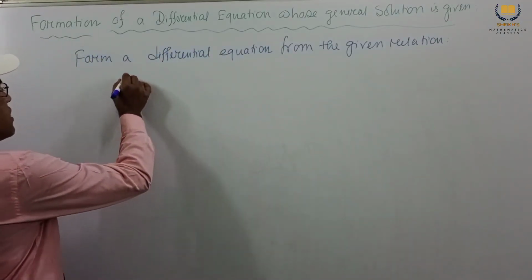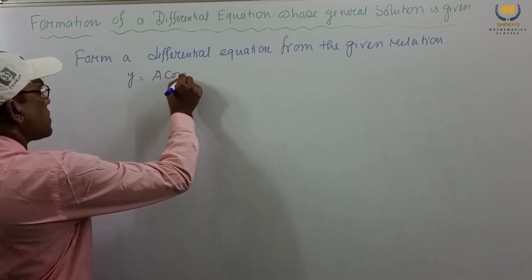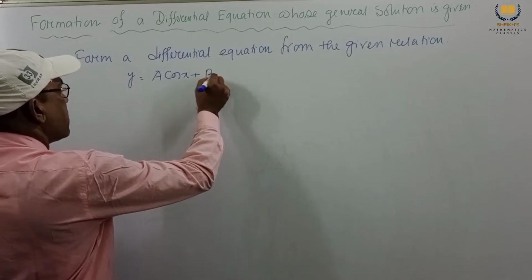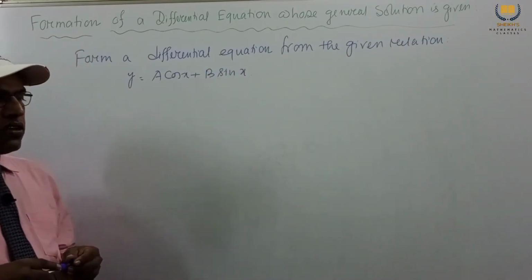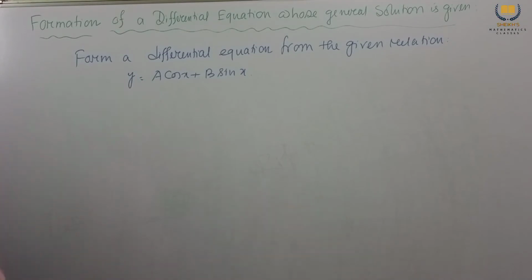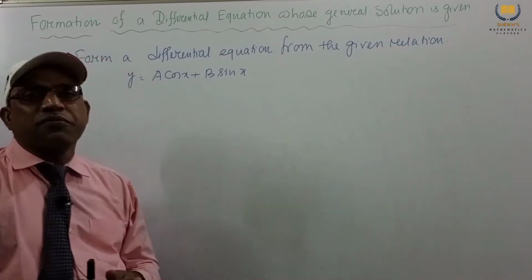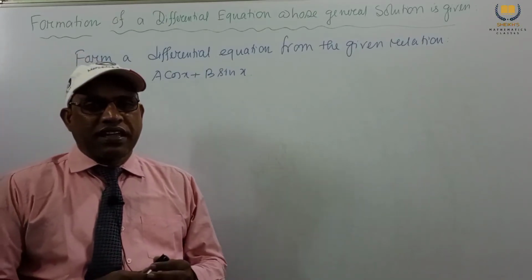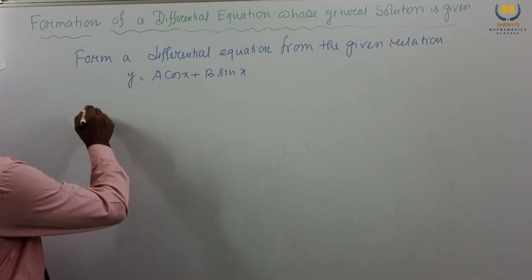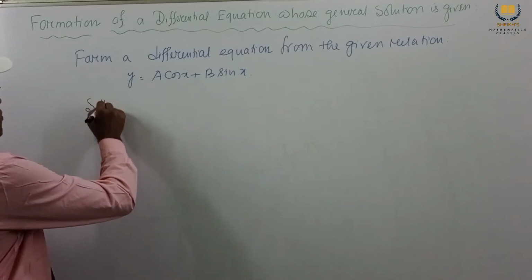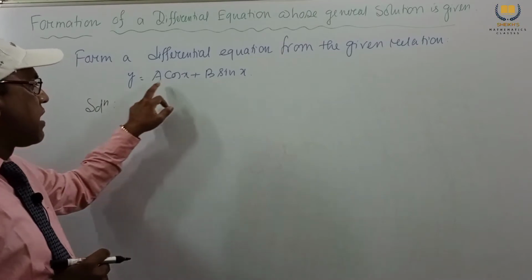Suppose the relation given is y equal to a cos x plus b sin x. This problem is given. We have to find a differential equation from this given relation. Now the solution is that before solving this problem, first we have to know how many arbitrary constants are here.